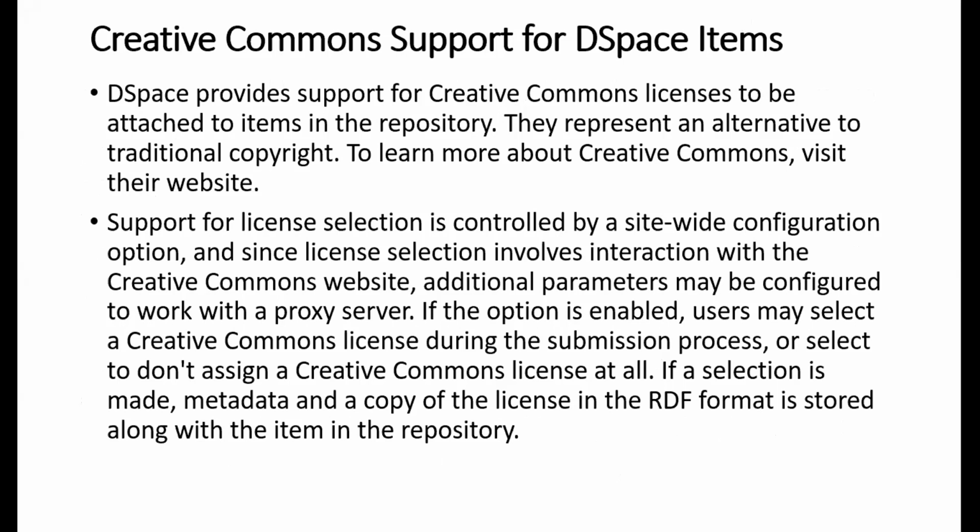This is really about ownership, intellectual property, and usage. DSpace does support Creative Commons, which offers different types of licenses that are very important. Depending on how they want their work used, they give authors latitude to enable further access.